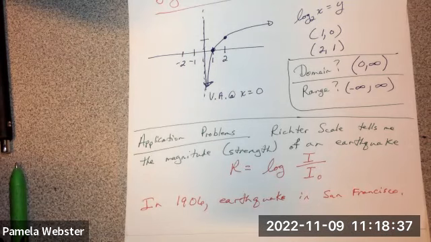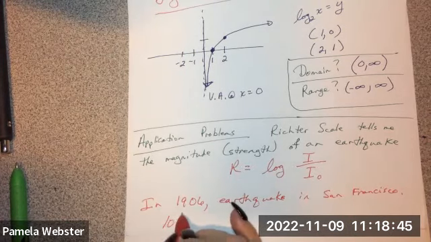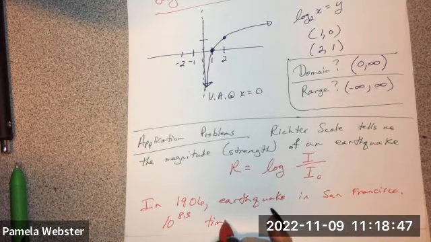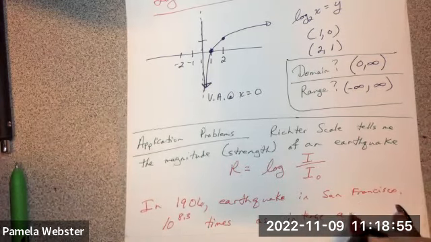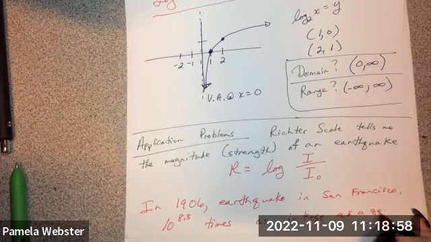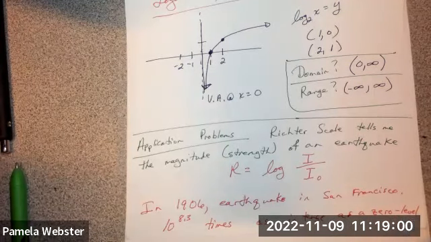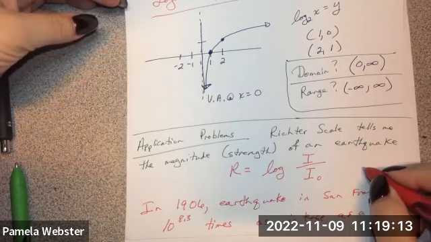So in 1906, there was an earthquake and it was 10 raised to the 8.3 times as intense as a 0 level earthquake. Well, 0 level basically means everything's sitting still, right? There's very, very little movement going on in the earth. So they want to know, what is the Richter scale? What is the R? Find R.